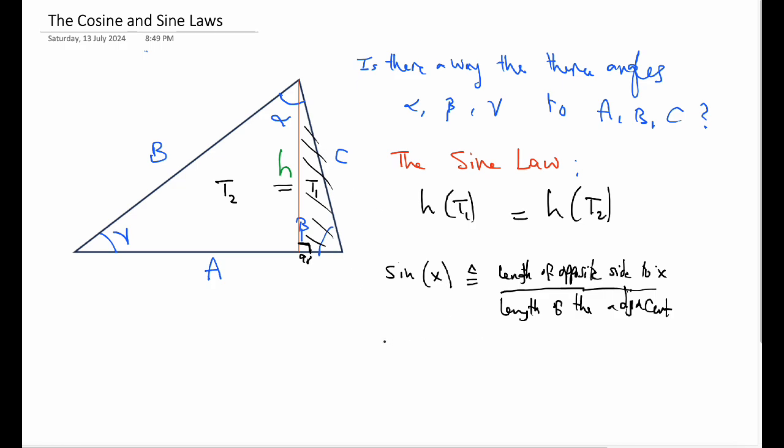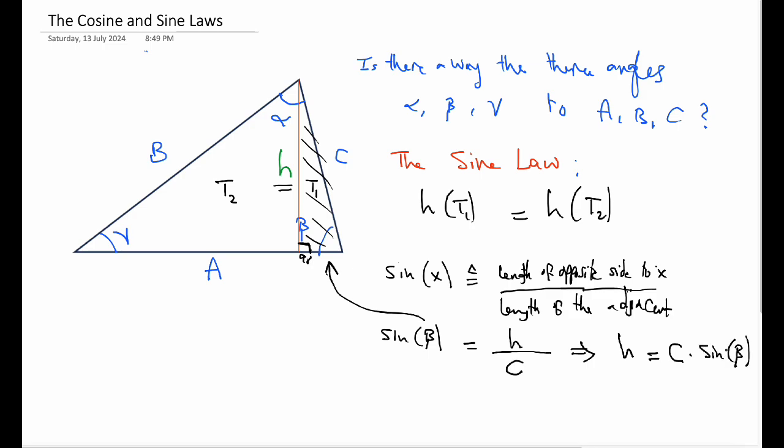So according to this, we can write sine of the angle beta equal to the length of the opposite side, which is h, divided by the length of the adjacent, which is capital C. So from here, if you do cross multiplication, you will get that the height can be written as the side length C, the adjacent, multiplied by the sine of angle beta. So this is actually HT1. HT1.